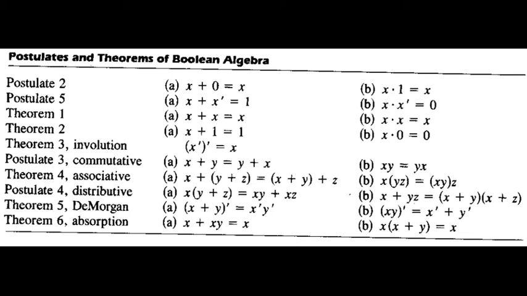This is part A. What happens in case of part B, the dual of part A? Here first we perform ANDing between x and y, then complementing is equivalent to first complementing each variable, that is x dash and y dash, and then performing ORing between them. So these two are equivalent.